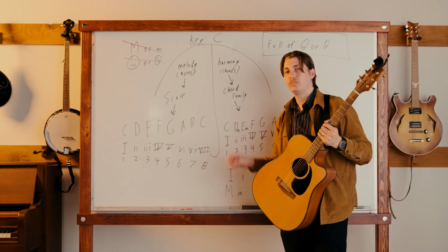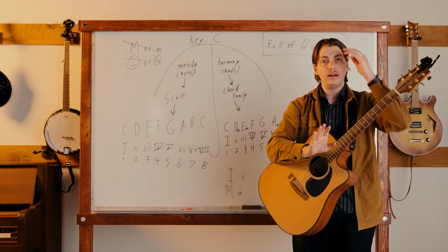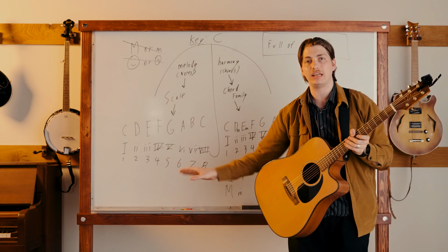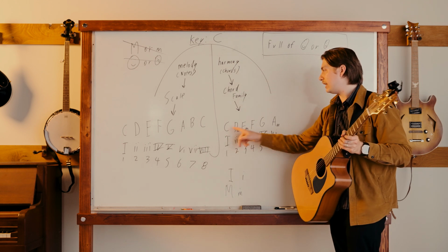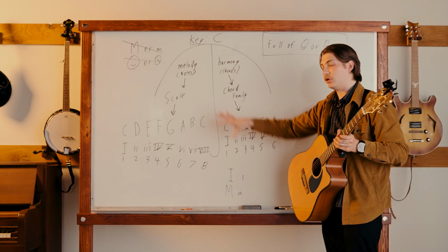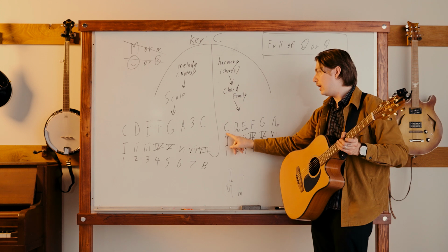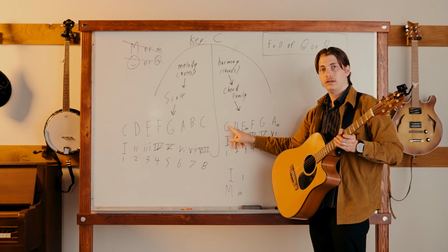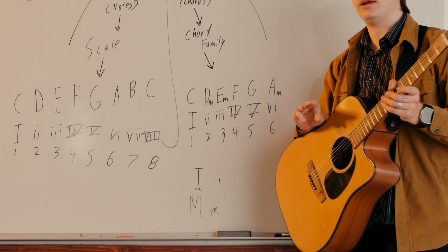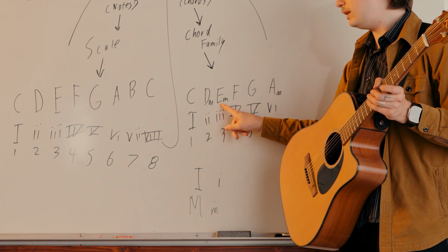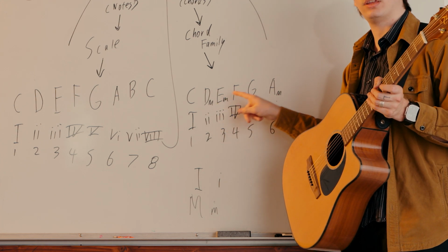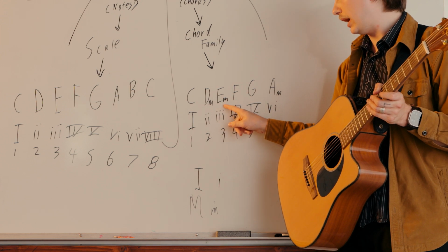So if I said this, what is the 1 in the key of C? The 1 in the key of C, remember the group of notes that sounds good together in C is C. What is the 3 in the key of C? E minor is the chord that is the 3 in the key of C. Okay?